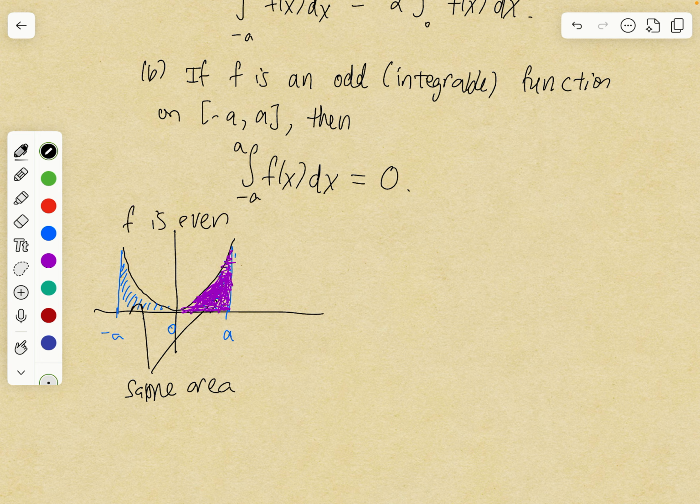So this is even. And what about if f is odd? A good example would be f of x equals x. If you look at f of x equals x, and you integrate from negative a to a, do you see what's going to happen?